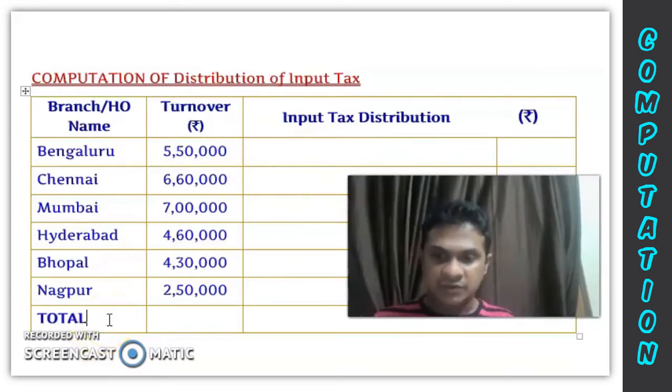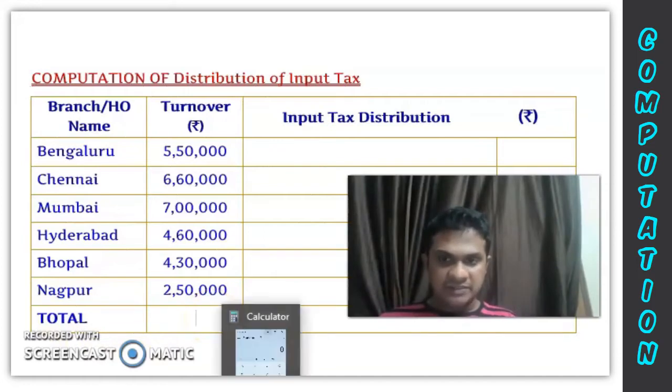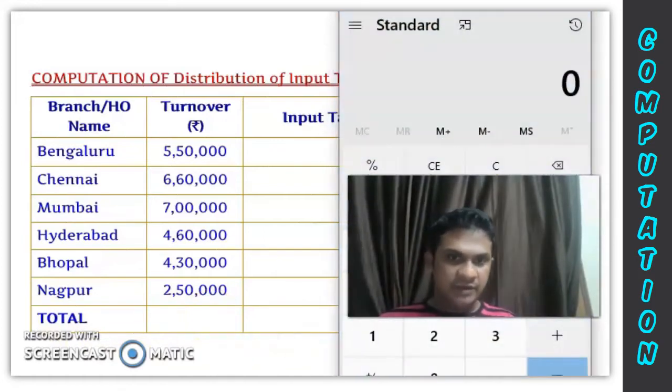So first what we need to do is we need to find the total. So let us find out the total value here. So total, we'll use our calculator. They have given few amounts, so that we will use. So what is the value?